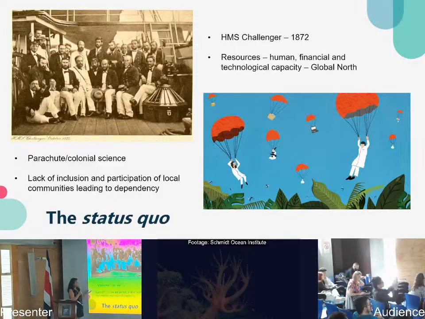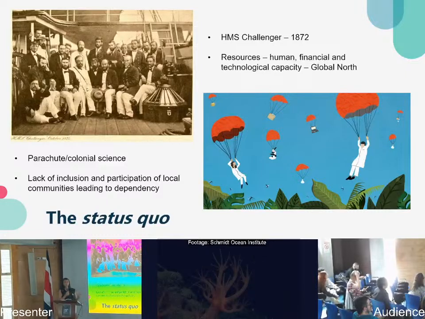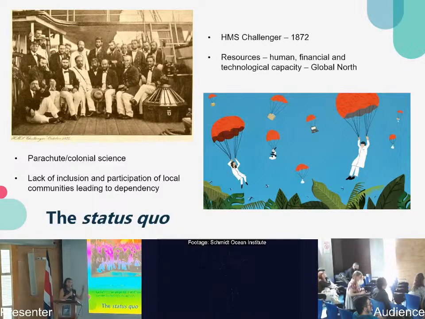Because of this practice, you have a lack of inclusion of local communities and a maintenance of dependency from developing nations, perhaps with fewer resources, towards developed countries with ships, laboratories, infrastructure, technology, and so on. And this needs to change.